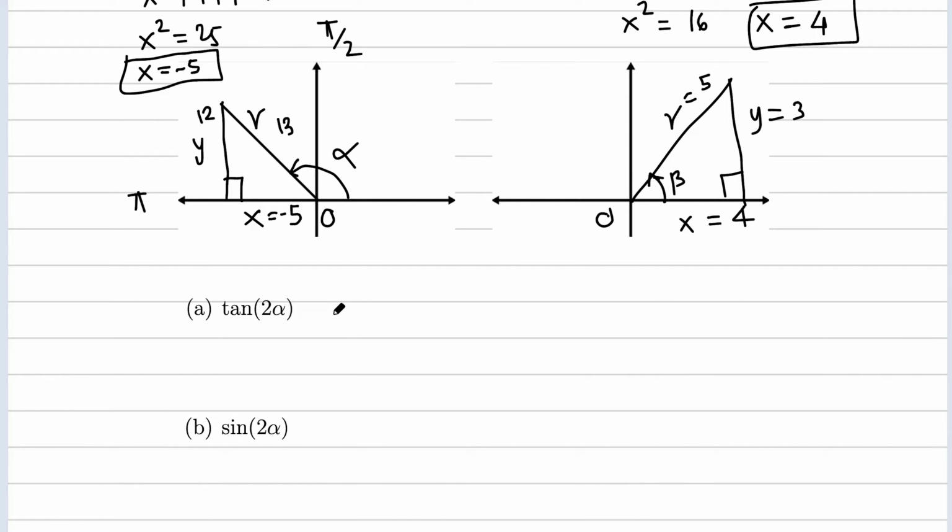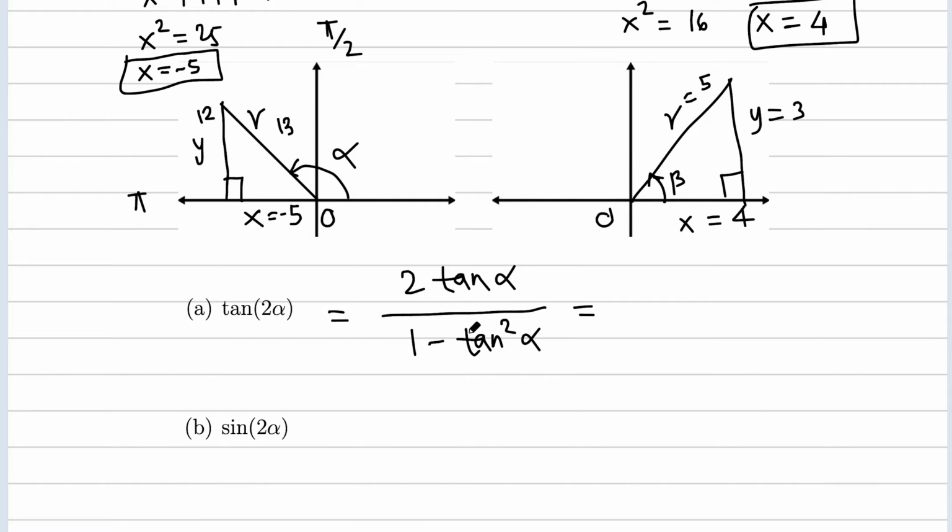Now in part A we are asked to find the value of tangent 2 alpha. This is simply tangent of 2 alpha. Now look at the formula list and you will see tangent 2 alpha is 2 tangent alpha over 1 minus tangent squared alpha.